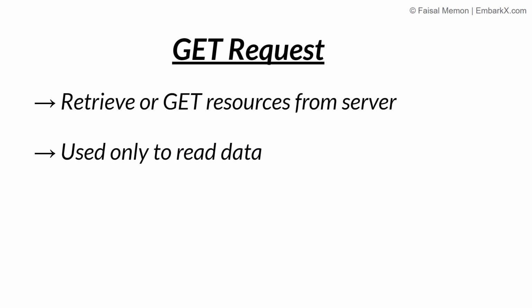Like the word says, GET is just used to get the information and not to modify anything on the server. Whenever you use this kind of request, you will get status codes like 200 OK, or if you're trying to access something that does not exist, you will get 404 not found. So this is the GET request.